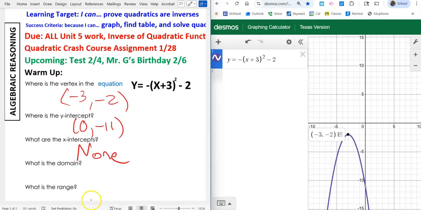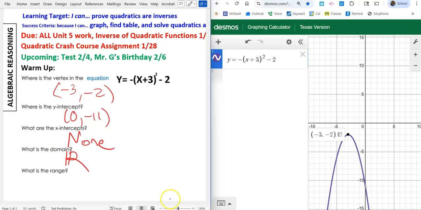Okay. Now, we already said domain goes forever left, forever right. That's all real numbers. And then the range. Now, this is where it's a little different. This is not going up forever, it's going down forever. So do I put less than or greater than if it's going down? Less than. And since it's range, I got to put y.